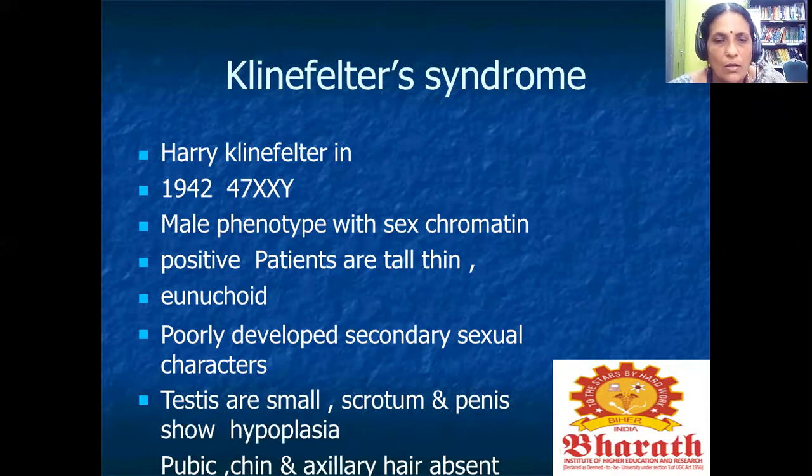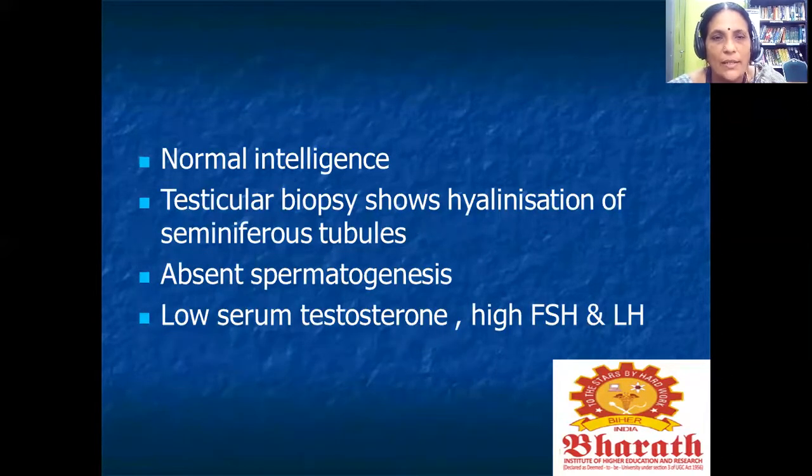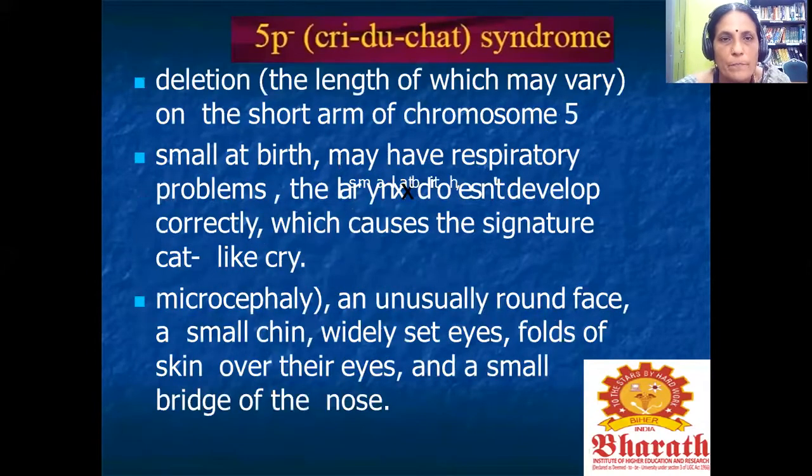Testes are small, scrotum and penis show hypoplasia, pubic, chin, and axillary hair absent. Normal intelligence. Testicular biopsy shows hyalinization of seminiferous tubules, absent spermatogenesis, low serum testosterone, high FSH and LH.